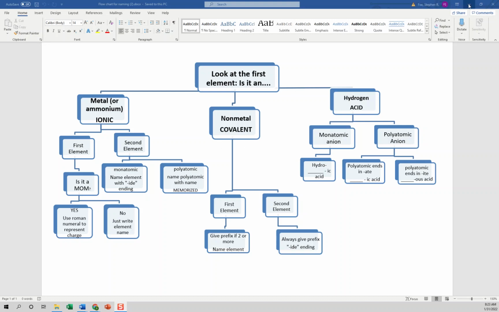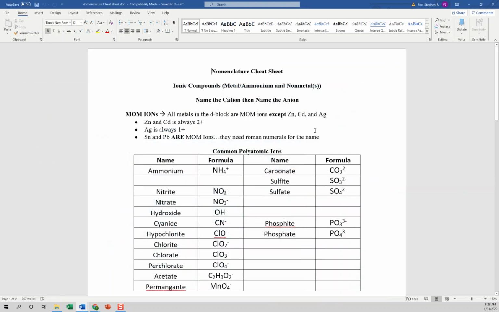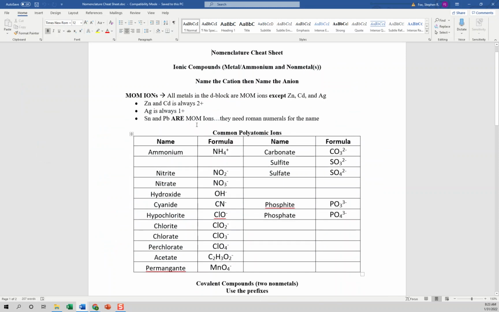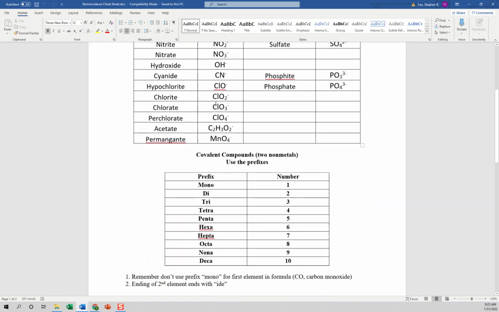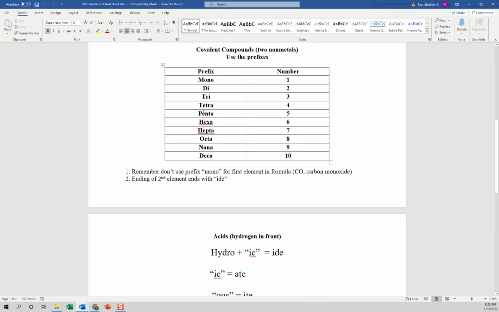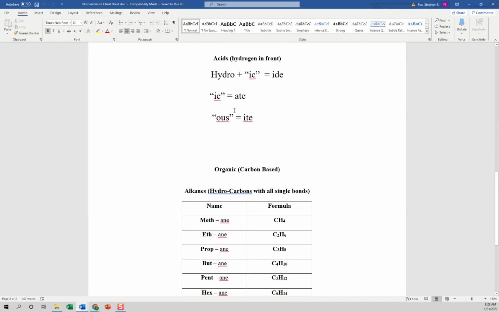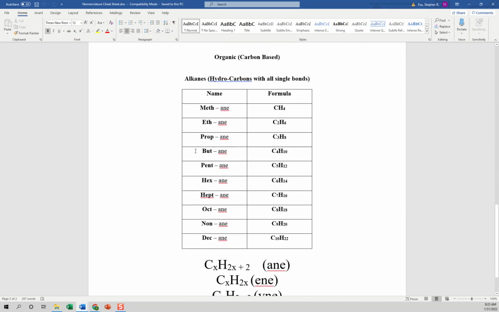Another thing you might want to reference to study is your nomenclature cheat sheet. So, knowing when you need a Roman numeral in your name. These are the more common polyatomics, but again, you'll get a reference guide of all your polyatomics, your covalent prefixes, your acid naming rules, and your organic prefixes.